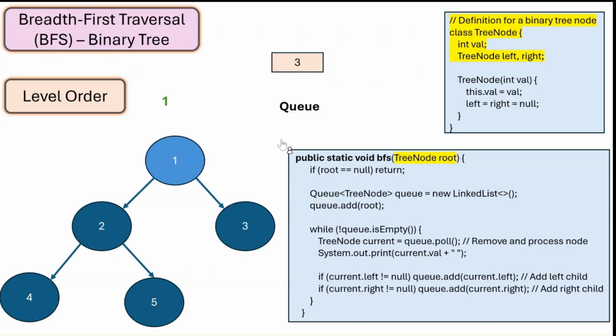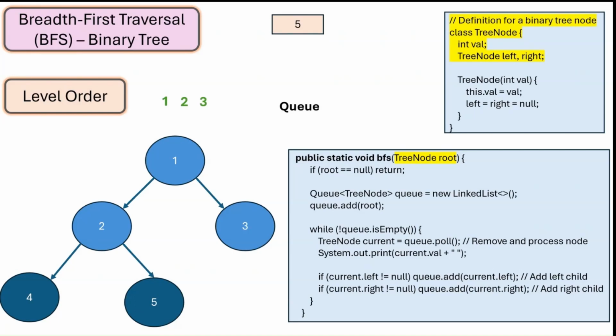It will dequeue from the queue, which is 2. Now current is 2, so it prints it, and then checks all the children of 2 and enqueues them to the queue. Now we visit the next node, which is 3, print it and check for its children. We don't have any children for node 3.